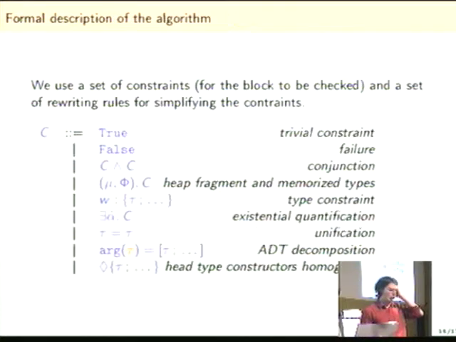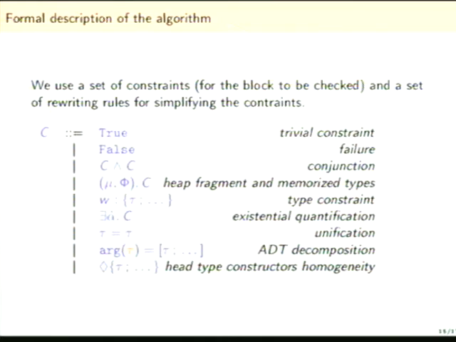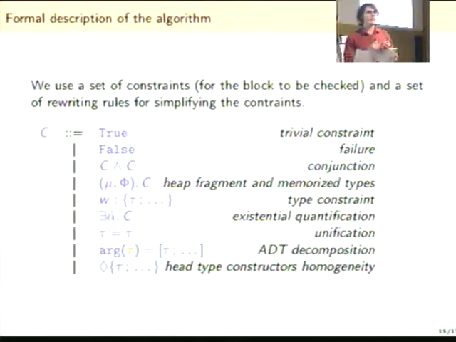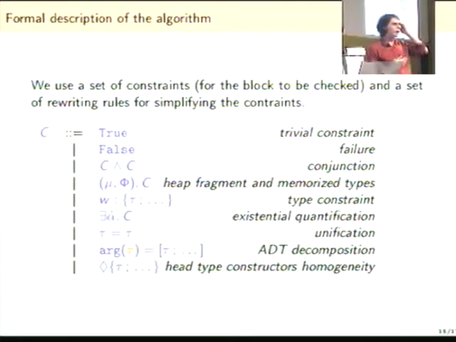Okay. So before concluding, I just want to say a word about the formalization, how we formalize this graph traversal algorithm. We use a rewriting system for which the terms are basically a set of constraints, the constraints representing the blocks remaining to be checked.